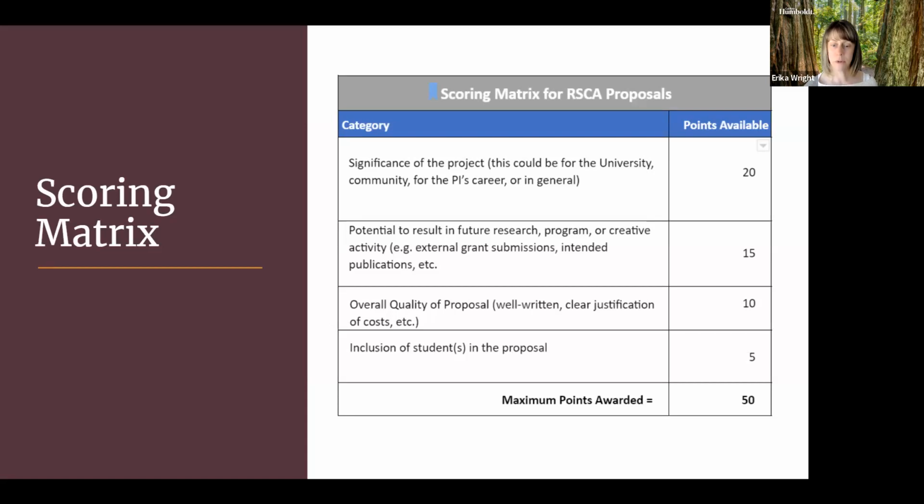So when reviewers read a proposal and they have a lot of questions, that generally does not work in your favor. You want to make sure that you've been really clear and explained everything to someone who might not be in your field. RSCA proposals are read by a committee that is made up of a representative from each college.